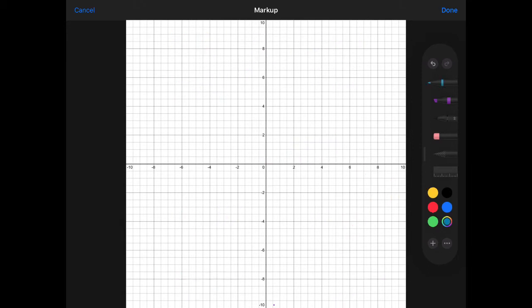What you do is you always start at the origin, look at the first number in your ordered pair, and move left or right to the correct number. Then you look at the second number and move up or down. So let's do some practice. What if we have the coordinate 3, 4?